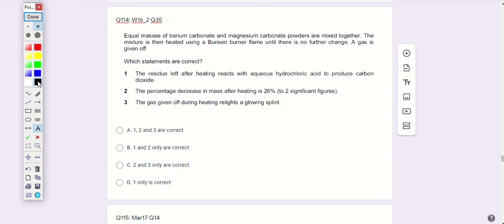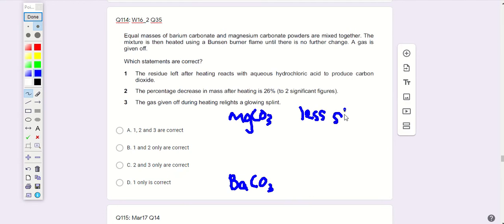So, magnesium carbonate is easier to decompose, because it's less thermally stable compared to barium carbonate, because barium carbonate is below magnesium carbonate in group 2 carbonates, right? So this one is less stable, that means it is easier to decompose.